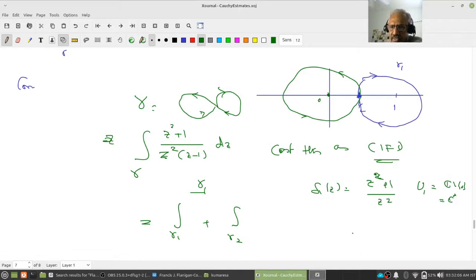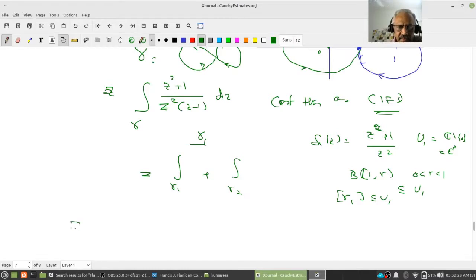If I take any open disk around 1 of radius r such that 0 less than r less than 1, this is completely contained in u1, and hence in particular the trace of gamma 1 is contained in u1. Therefore I can write this as the integral of f1 of z by z minus 1 dz over gamma 1. Are you following?